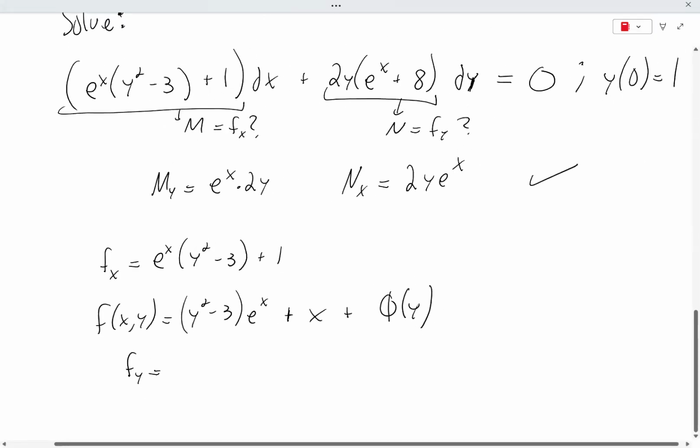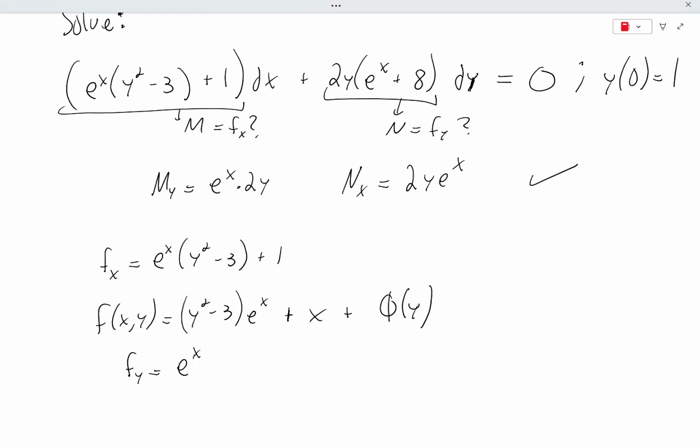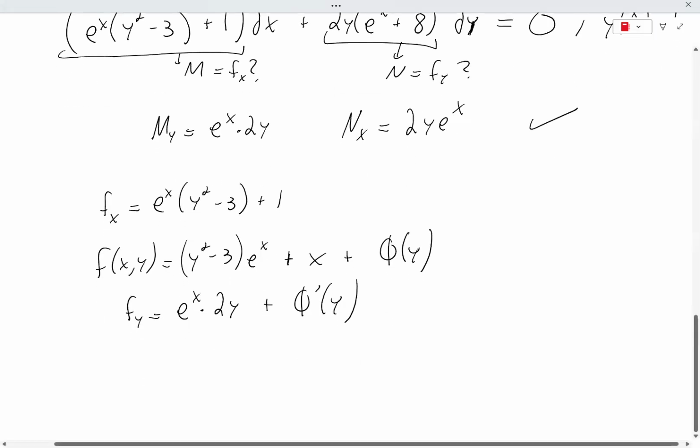But f sub y, taking the partial with respect to y: e to the x is a multiplier, and that would be 2y, right? Plus phi prime of y.